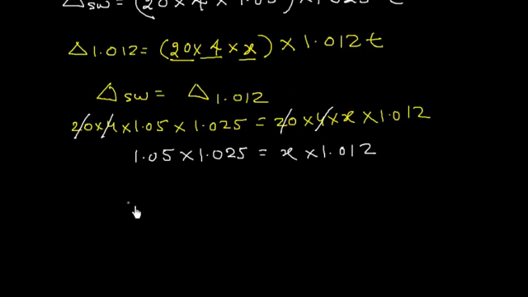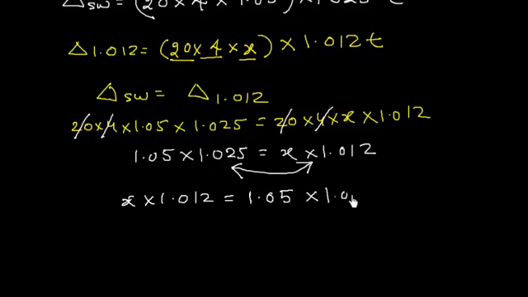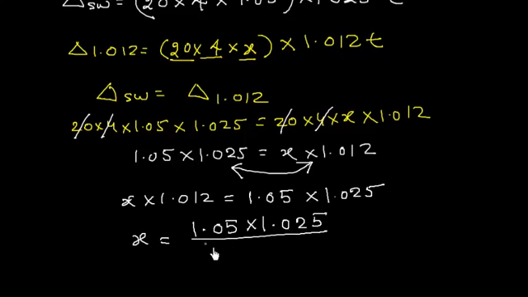Or we can find the value of x. x into 1.012 is equal to, I'm just reversing the equation, bringing the left hand side to the right hand side, 1.05 into 1.025, or simply x is equal to 1.05 into 1.025 divided by 1.012.